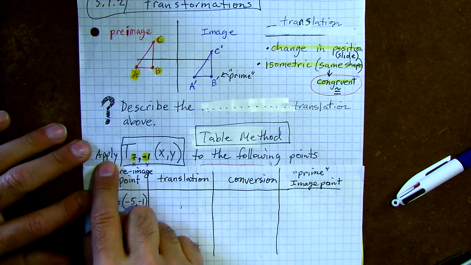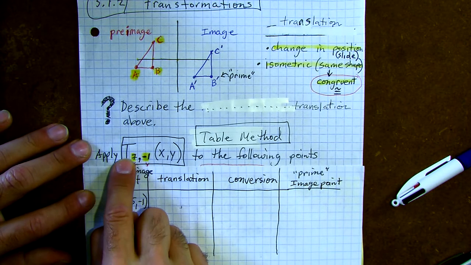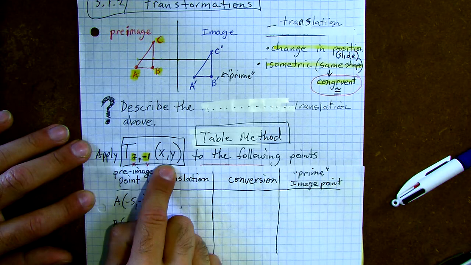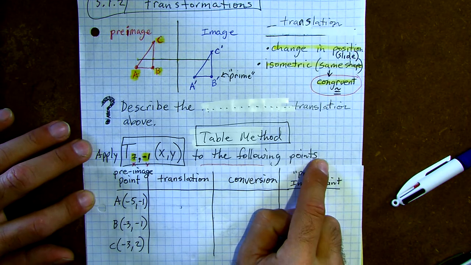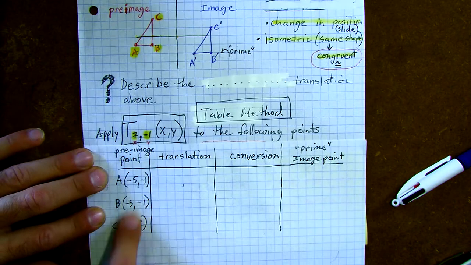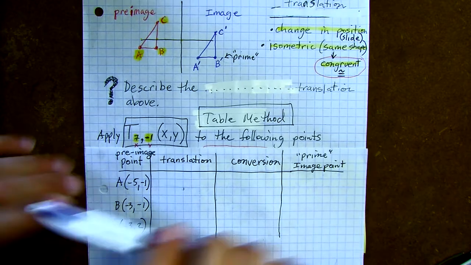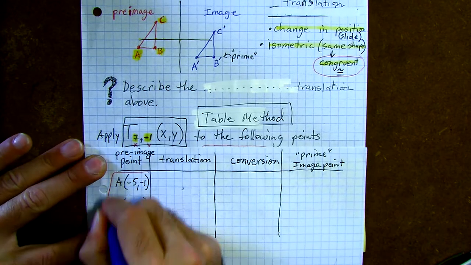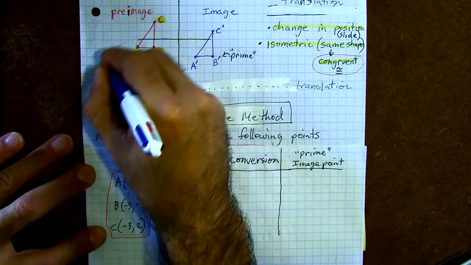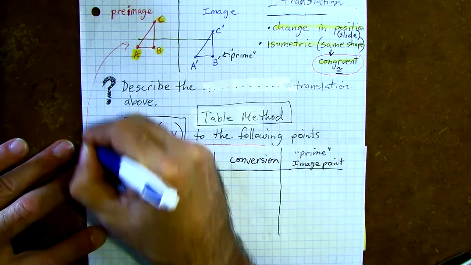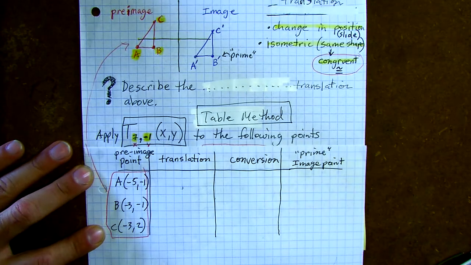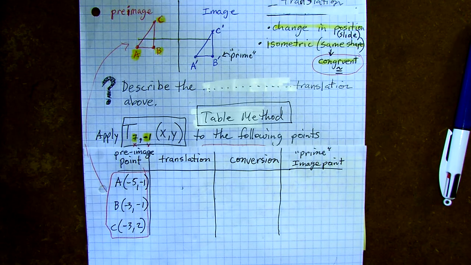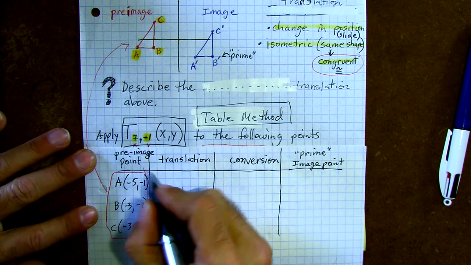So we're applying T, translation, 7, negative 1 to X and Y to the following points, okay? These are our pre-image points. All of these come from up here, these are all the points for this triangle. So first step is to write what the translation is doing.